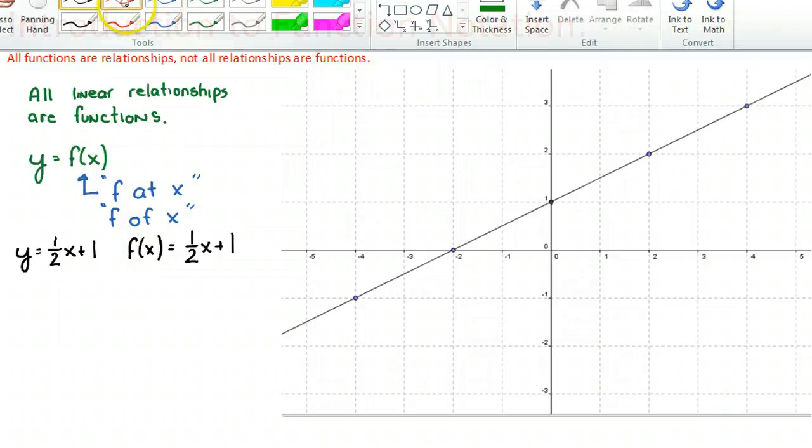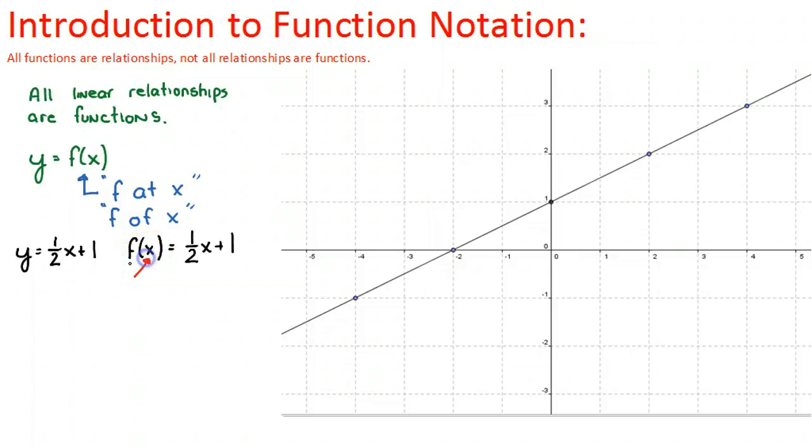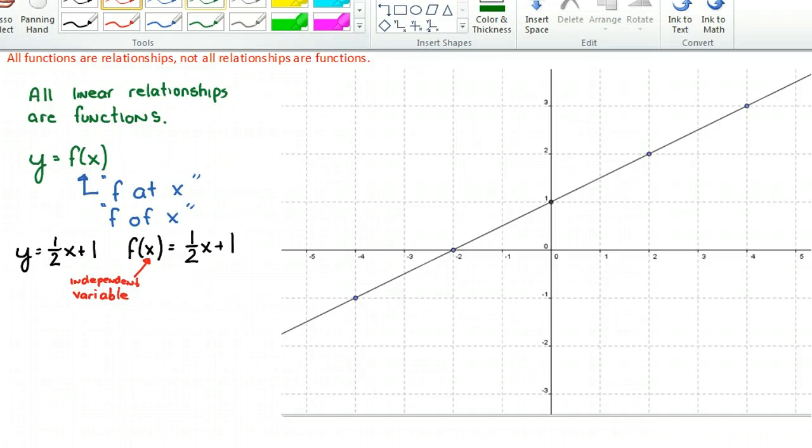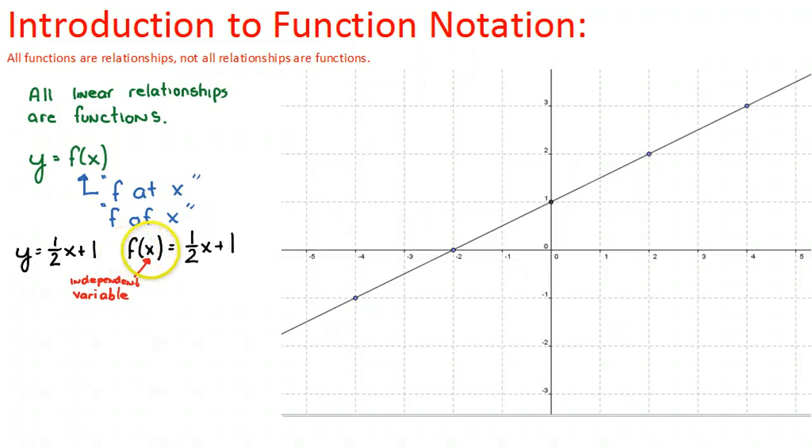The first thing to point out is that the x in here actually represents the independent variable. And when we're working with this notation, what we do is if we replace this x in here with something, we replace the x on the other side. So if I'm interested in f at, say, 2, so I say 1 over 2, and now wherever there's an x, I put a 2 plus 1.